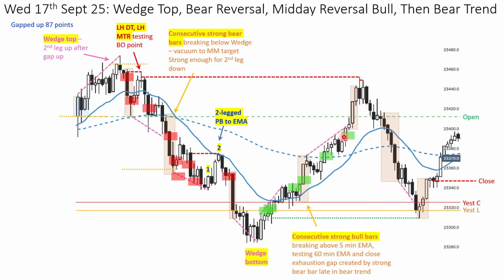Buying into the third leg is a bit more questionable, but we can expect at least a test of the open of the day once we get to this point.